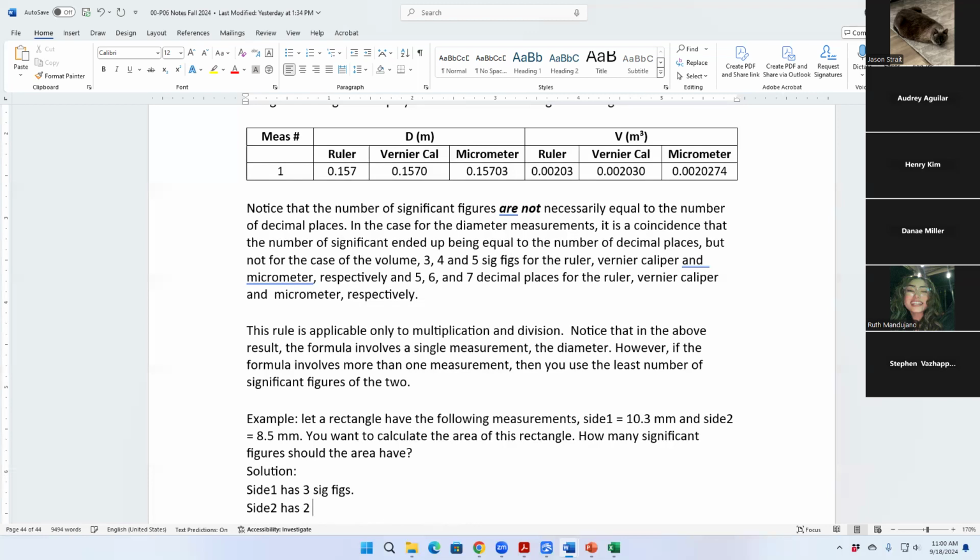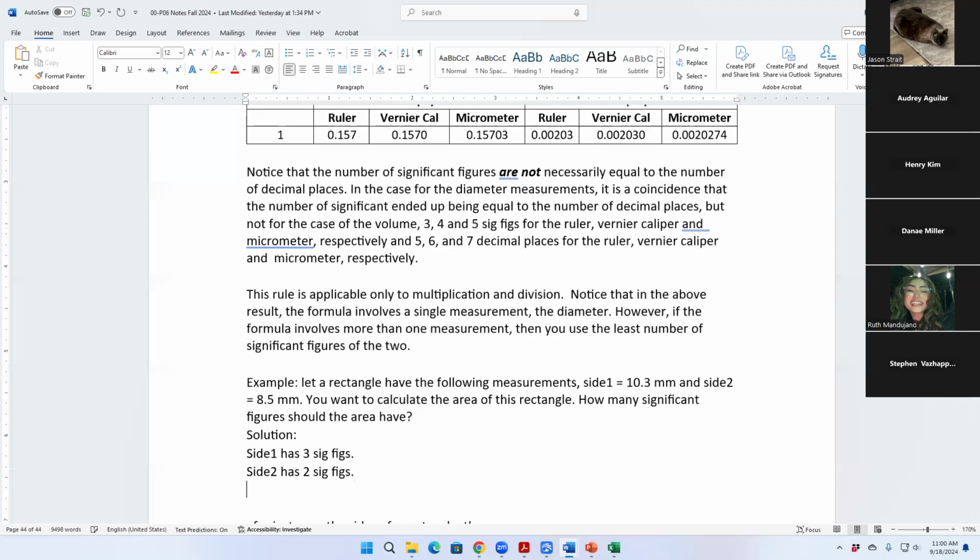Side 2 has 2 sig figs. Consequently, the area must be displayed with 2 significant digits. Okay?